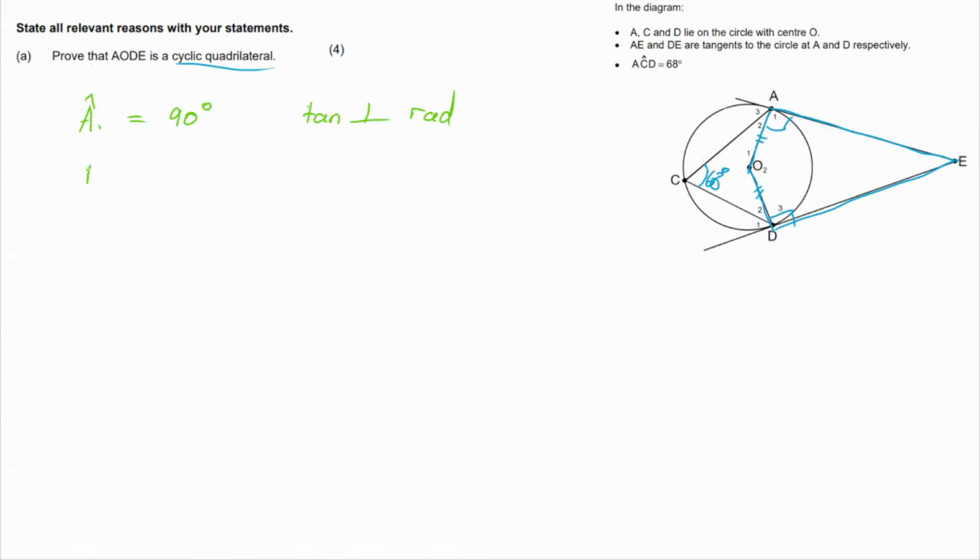And we're also going to say that D3 is equal to 90 degrees for the same reason, tangent perpendicular to radius. And what we're going to say is A1 plus D3 is equal to 180 degrees. We can just say therefore, because 90 plus 90 is 180. And now we can say, well, therefore AODE is a cyclic quad.